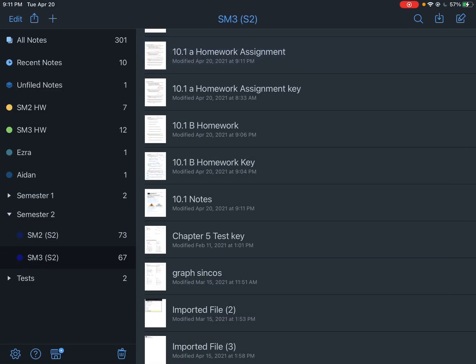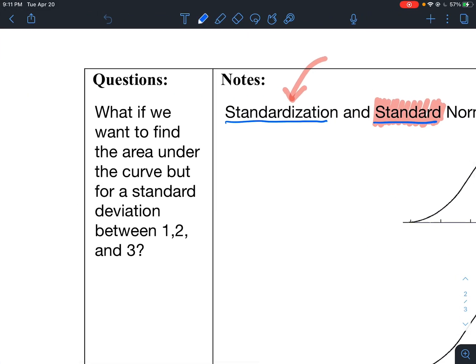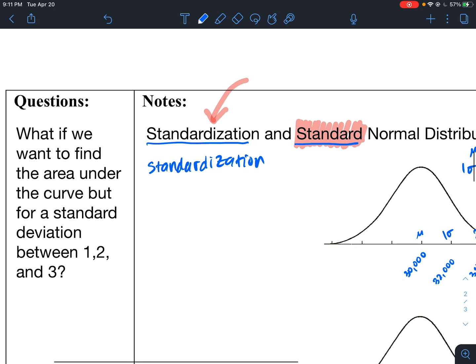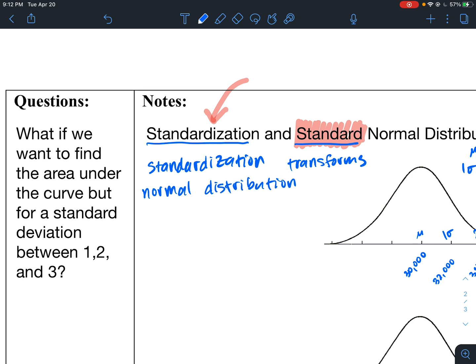So that's what standardization means: standardization transforms a normal distribution into a unifying standard.